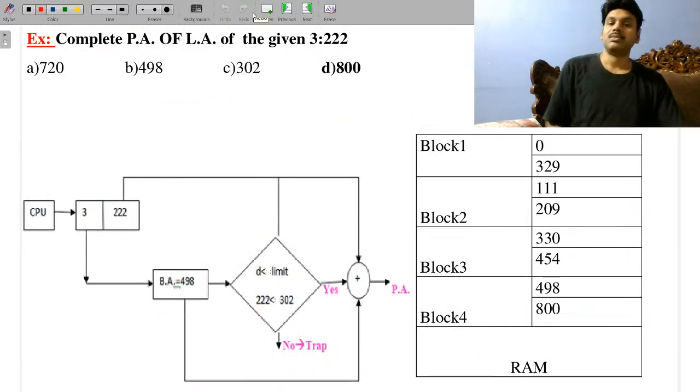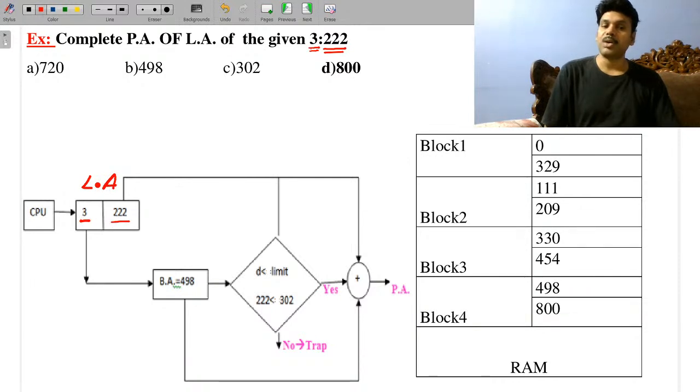Now come to this example. This one is fine, all right. Why all right? It is requesting 3 comma 222. The CPU generated address is a logical address asking for 3 comma 222.